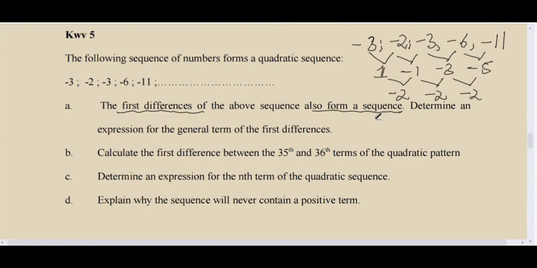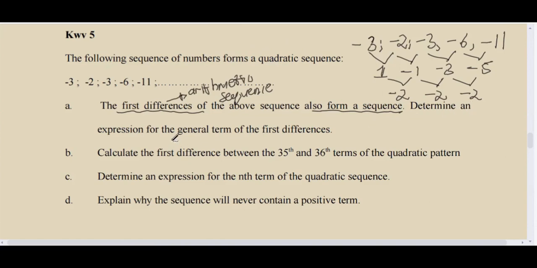Now, what type of sequence is formed by the first differences of the quadratic sequence? We already know that the first differences of a quadratic sequence always form an arithmetic sequence, right? So put that in the back of your mind. The first differences of a quadratic sequence form an arithmetic sequence.